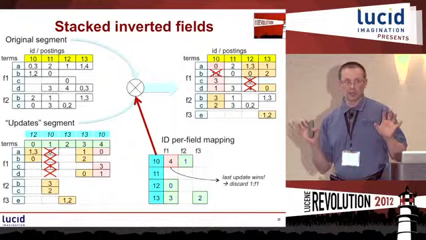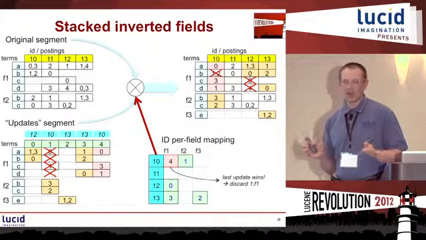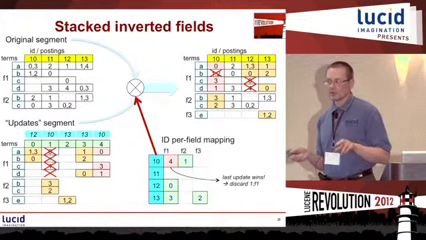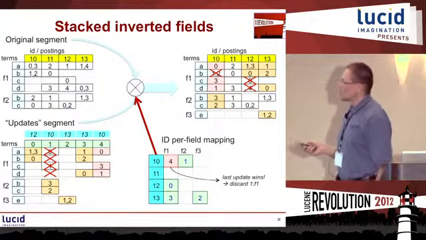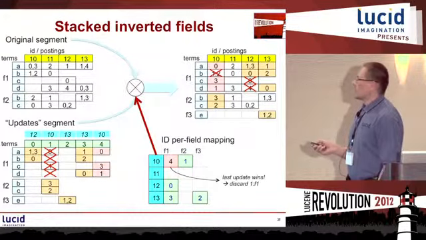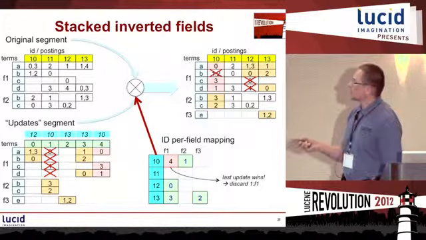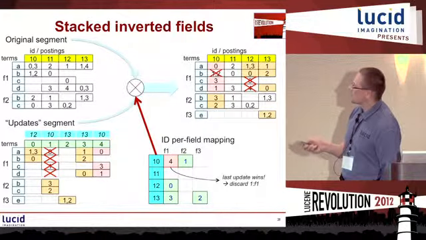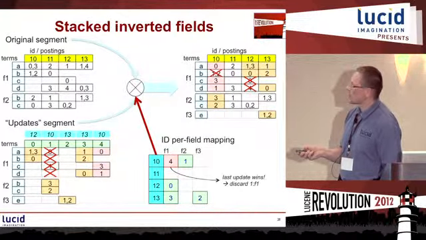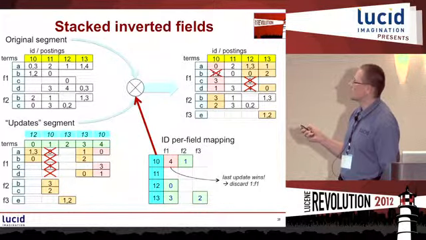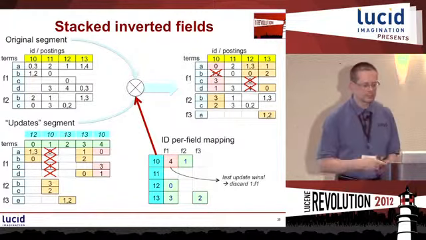Again, this is a logical representation. It's not actually how the data is represented and accessed in Lucene. This is just to understand what's going on. And using this ID per field mapping, we put the right stuff at the right positions. So, for example, the data from this cell for term A and field 1 and document 12 is up here. That's easy.